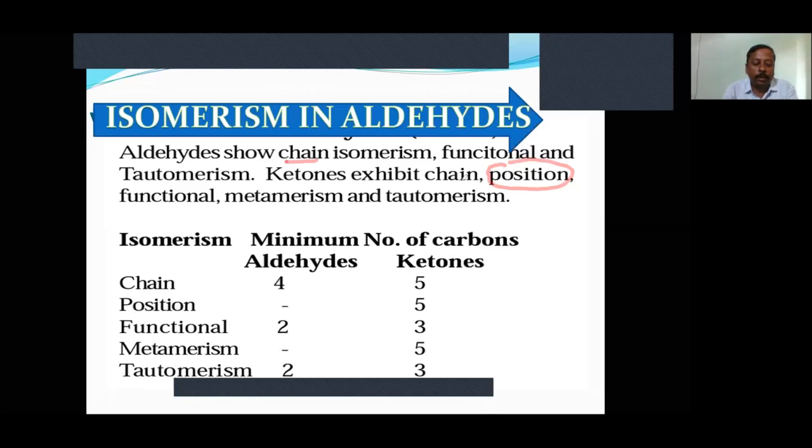It will always be available at either the first carbon or the last carbon. But ketone is non-terminal, so its position can change from anywhere to anywhere. Therefore, it can show position isomerism.